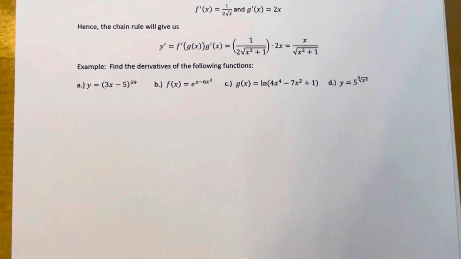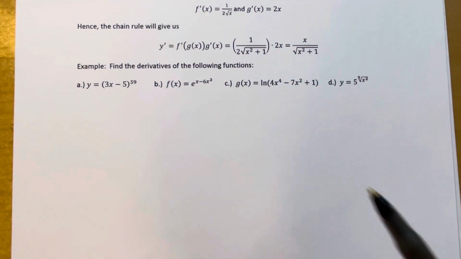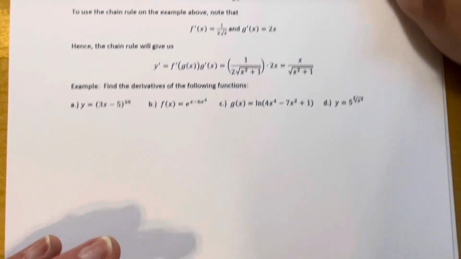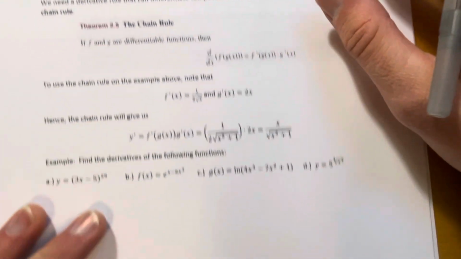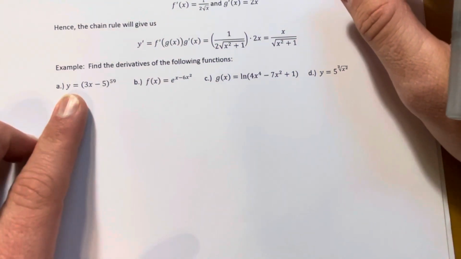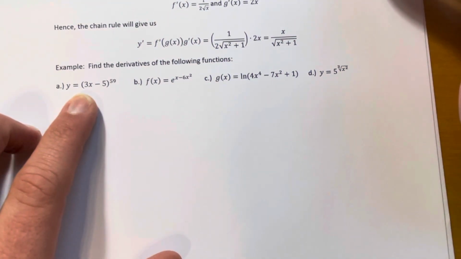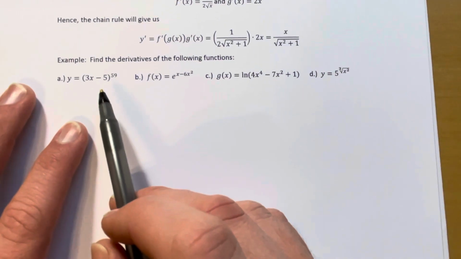When we're dealing with composite functions, it's helpful to think of one function as being inside and the other as being outside. So here, f I'm thinking of as my outside, g I'm thinking of as my inside. This has an inside, which I recognize as the stuff inside parentheses.